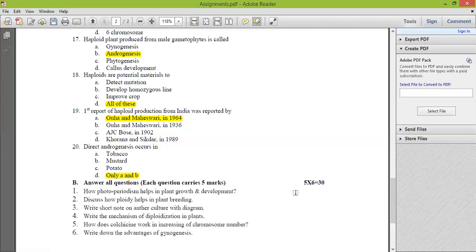And after that, come to the last question: write down the advantages of gynogenesis. Basically, the advantages of gynogenesis and androgenesis are the same. What is the difference?